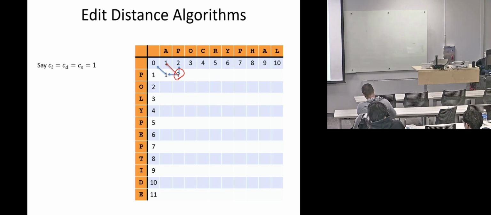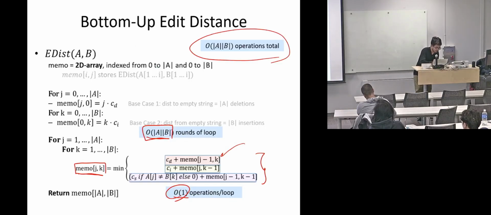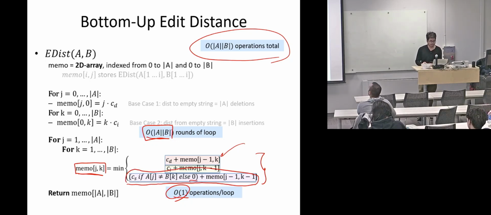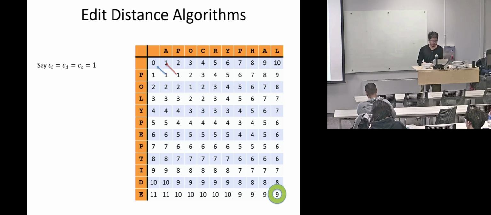So you can recurse to here, and you pay 0. You take the value here plus 0. So it's basically this case, but plus 0. Okay. And you fill everything in, and now you get the edit distance.